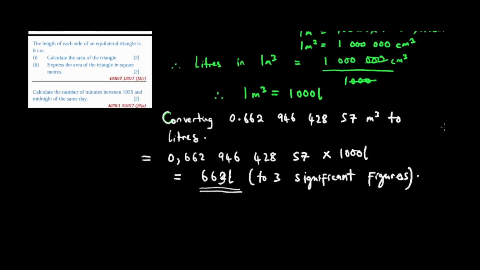Ndobva tazoti since tiine 0.662 cubic meters kumaisa kuma liters, we just multiply by the value of liters equivalent to 1 cubic meter.